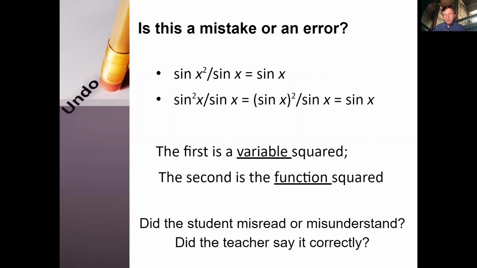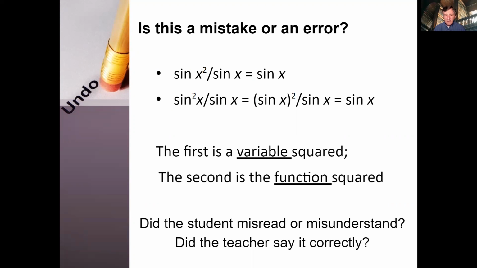Then we go on to trig and we have a common error that we see, or is it a common mistake? The first is a variable is squared, and the second one is the function is squared. So do the students notice that this is a different concept that's going on, or are they just being lazy or sloppy?